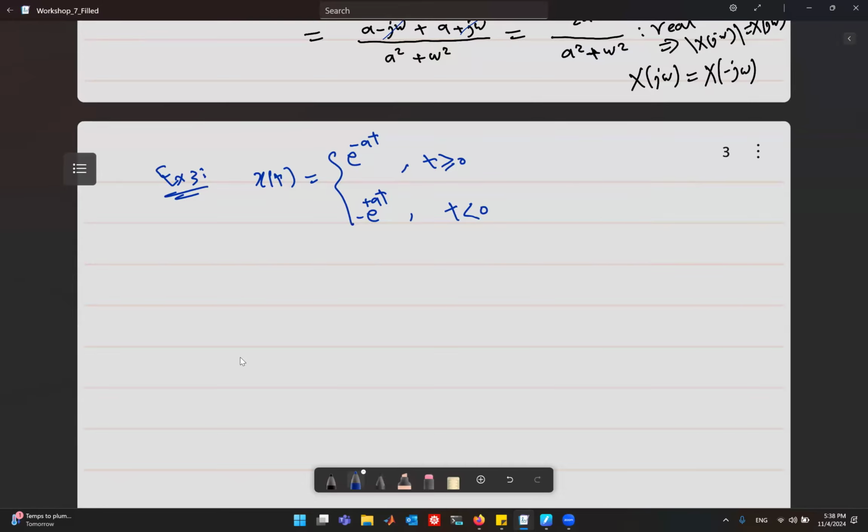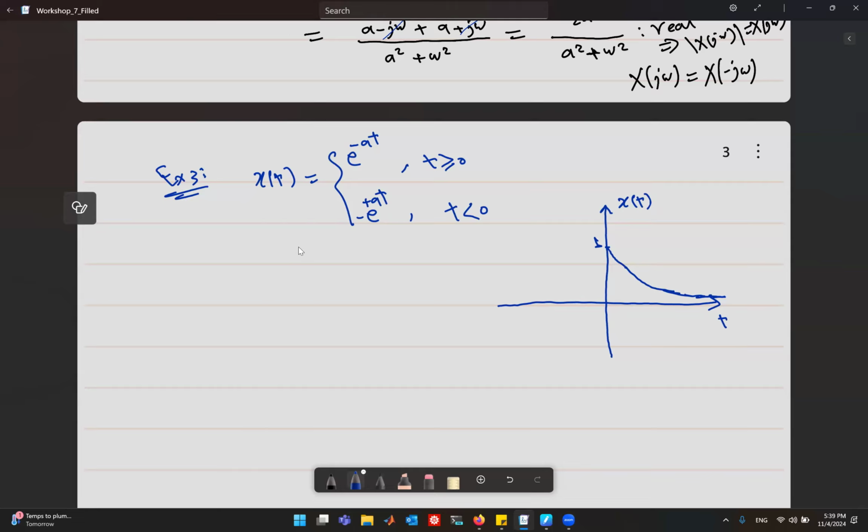If we plot this signal, again, when t is positive, we have this exponential decaying signal. But when t is negative, we have exponential also decaying because of this negative here.